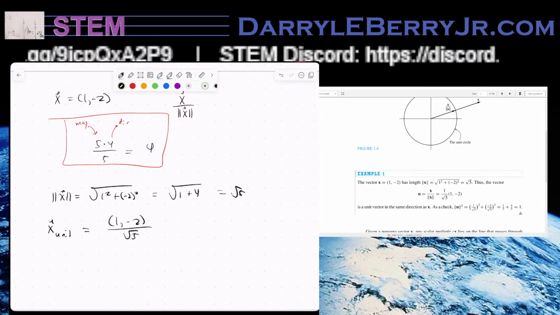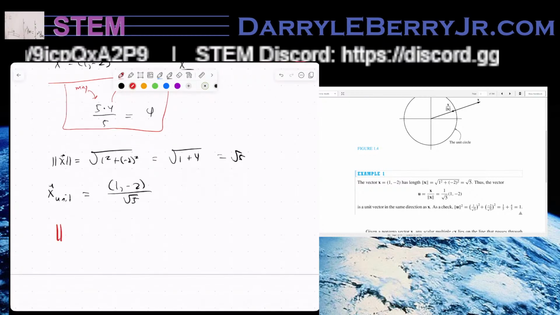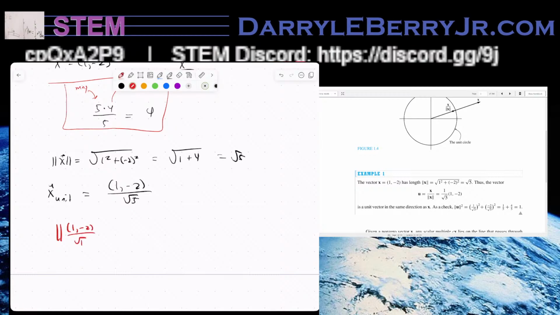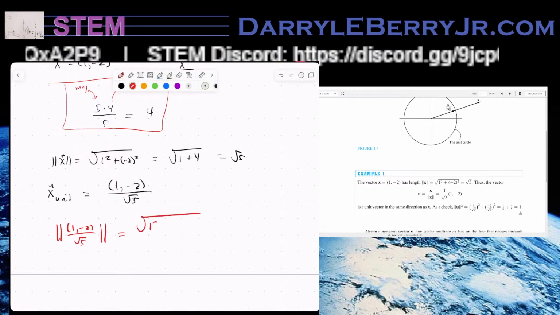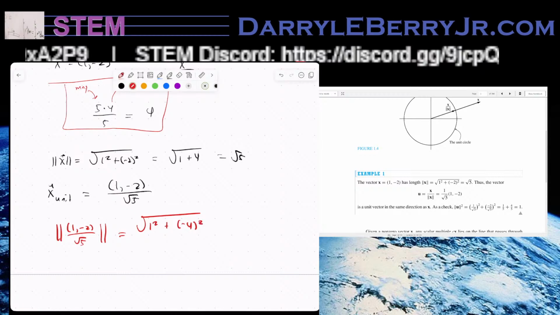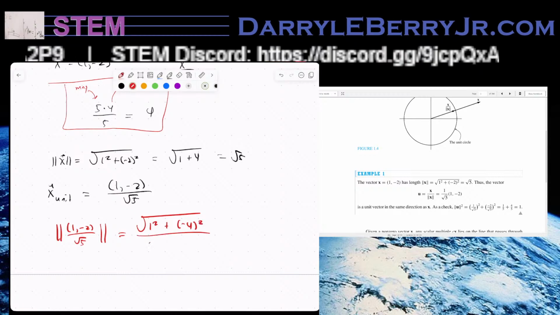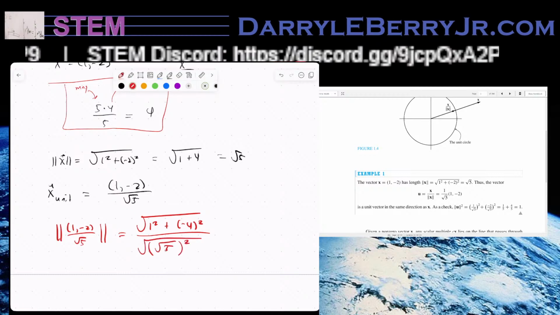And if we were to test this and take the magnitude of that unit vector, it's going to be the square root of 1 squared plus -2 squared over the square root of 5 squared, and the square root of that.